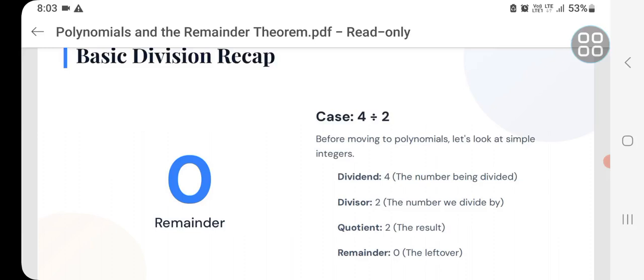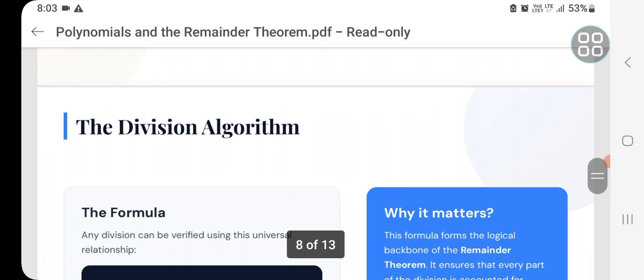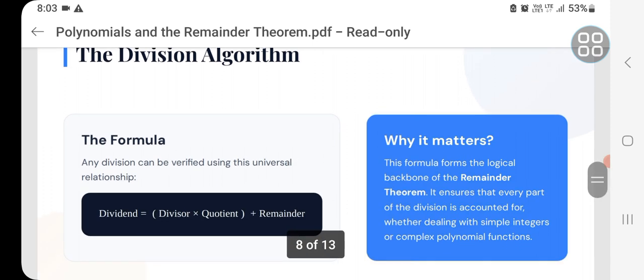For that purpose I inserted this slide so you know this. The second thing you have to know before entering into the remainder theorem is the division algorithm. In the small classes, around 6th standard, 5th standard, they teach you that dividend equals divisor into quotient plus remainder. That is the division algorithm.